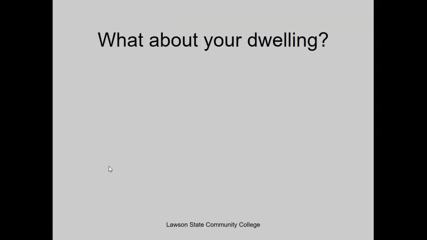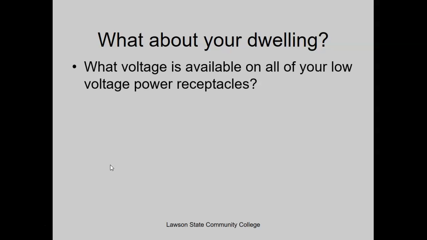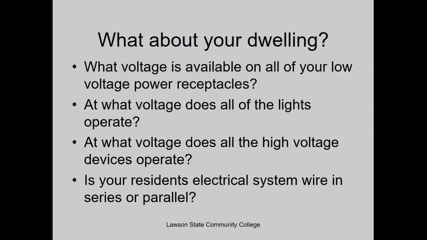The reason we use dwelling is because not everybody's in an apartment or a house. You have motorhomes, you have all sorts of different places that everybody lives these days. So what is the voltage available on all of your low voltage power receptacles? In your home, 120 should be the average voltage.